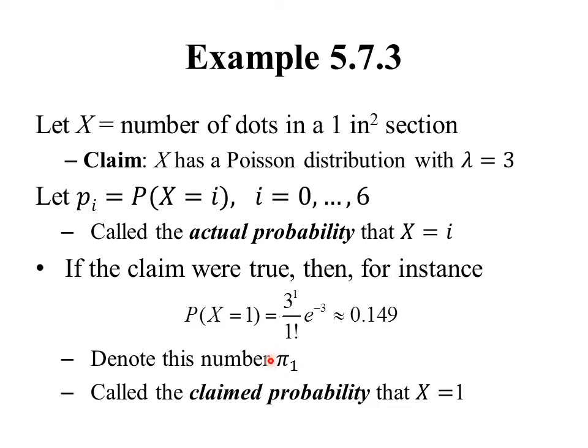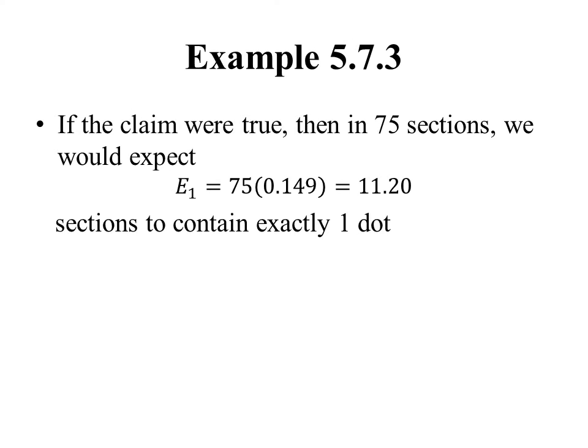Now pi here is not the number 3.14, it's just a Greek letter. So we're going to denote this number pi sub 1. And this number we're going to call the claimed probability that x equals 1. So here p sub i is the actual probability, and pi sub 1 is the claimed probability. Okay.